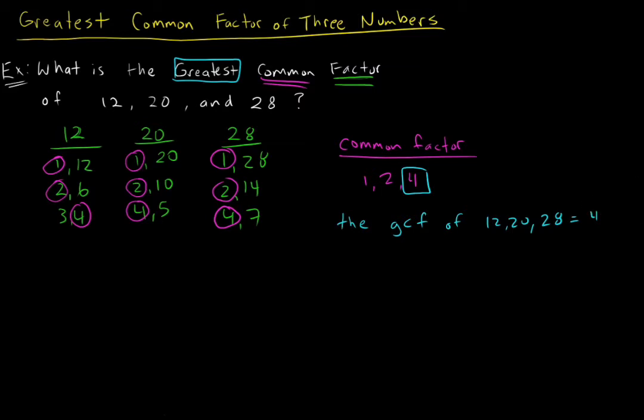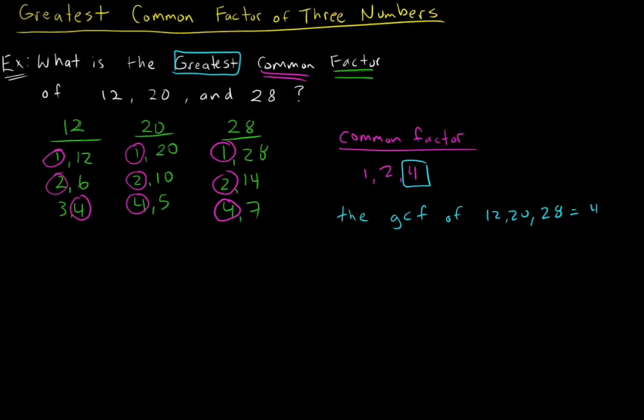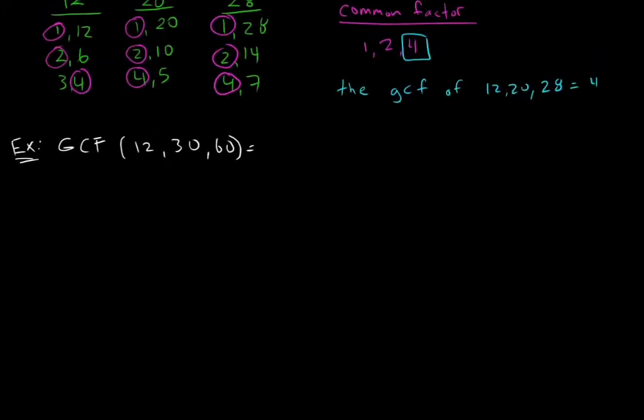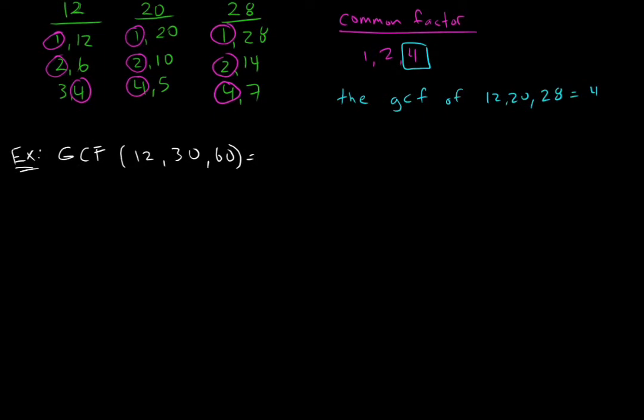Moving on to the next example, we have, remember, you also might see this as just GCF, like this. GCF of, and then parentheses, 12, 30, and 60. As before, first find out all the factors of the numbers that they're asking you to find the GCF of. So we're going to first find the factors of 12. Again, the best way is to list out all the ways you can multiply to get 12.